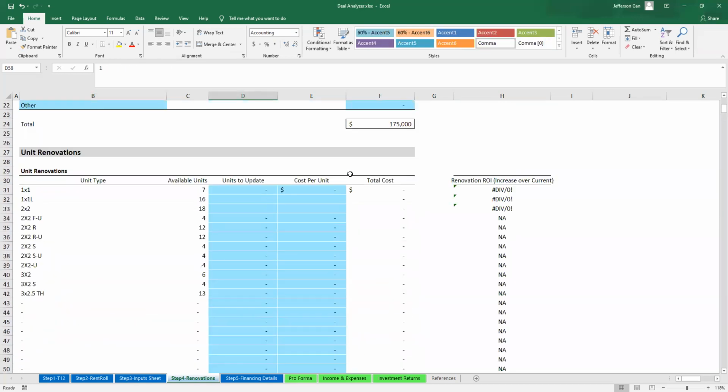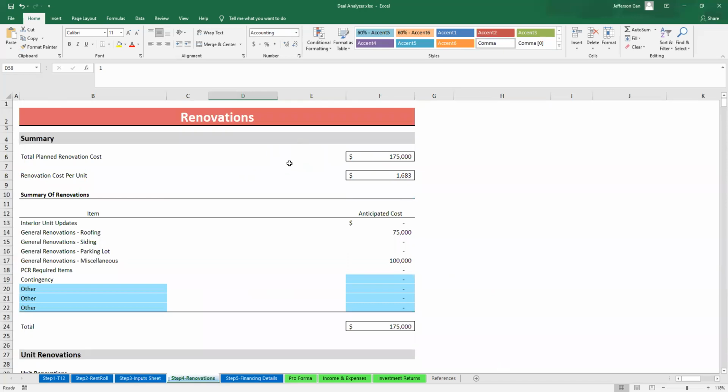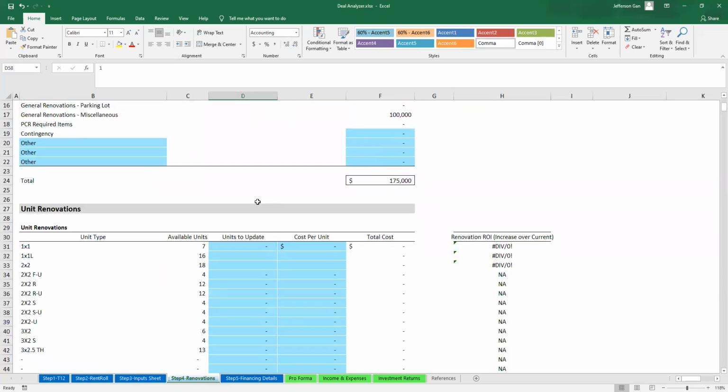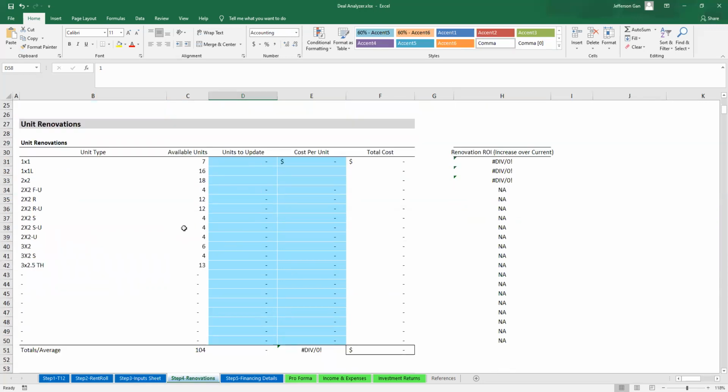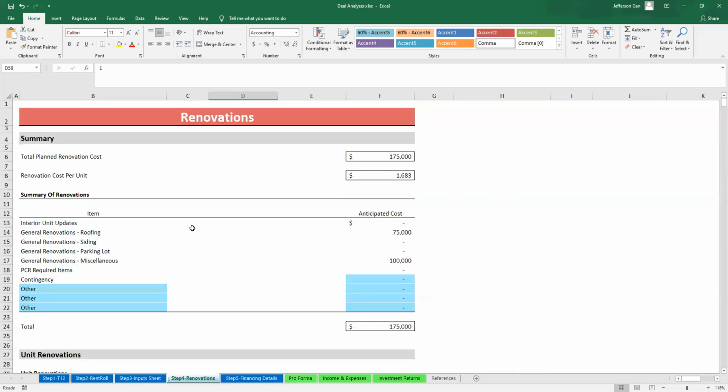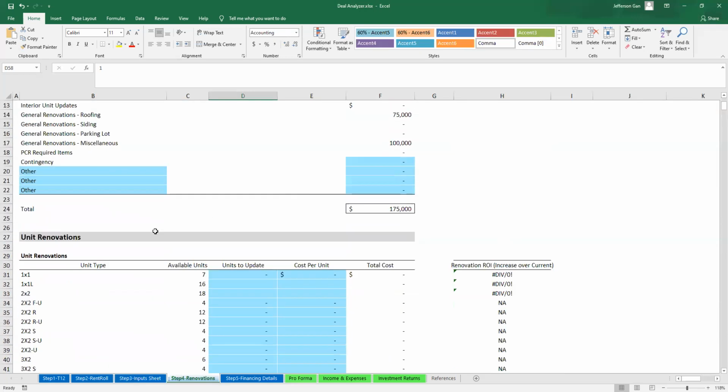All these amounts are just, don't use exactly these amounts. You need to check with your local property management company or construction company. This is just for demo purposes, like what I'm putting in a deal analyzer, how I underwrite using this.